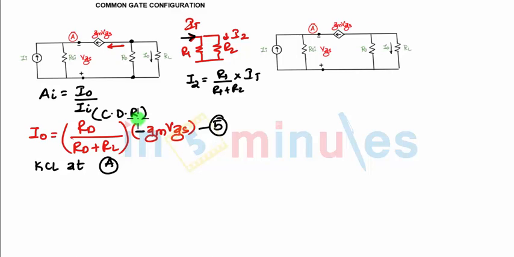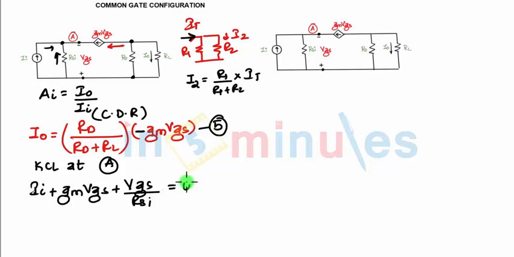Now if I am applying KCL at A, this we have got by current division rule. KCL at A gives me the current flowing towards A: II plus GM into VGS plus this voltage drop, VGS upon RSI, that is the current flowing through this resistance RSI, which equals 0.